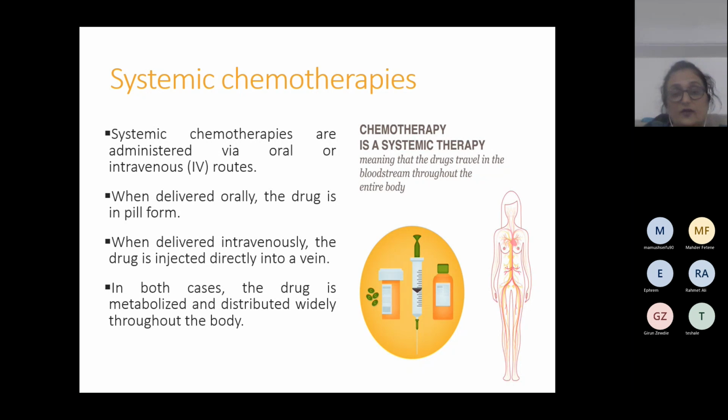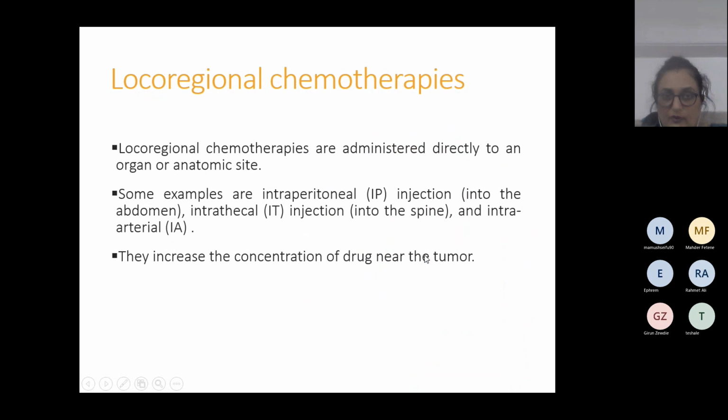When it is delivered intravenously, it is given directly into a vein. In both cases, the drug is metabolized and distributed widely throughout the body. Therefore, the name given is systemic chemotherapy. Here you can see the oral form or injectable being given and it goes to all the places in the body. So that is called systemic chemotherapy.